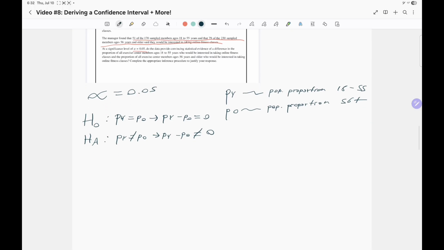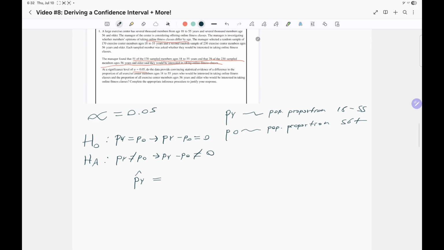Let's find our sample proportions for both groups. For the younger age group, our P sub y hat, as we'll call it, is 51 over 170, which is equal to 0.3. I have that on my calculator. I'm going to double check that. Yep, that's right.